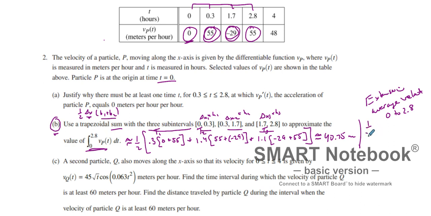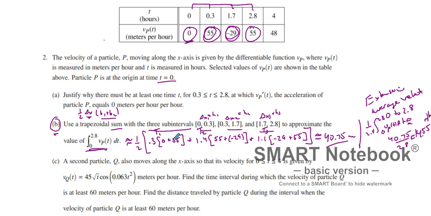So sometimes you have the integral from 0 to 2.8 of v of t dt, and that would equal your average. We would take our approximation right here, and so that would be approximately 40.75 divided by 2.8, and we have a value of approximately 14.55 meters per hour, okay, and that's what we have there.